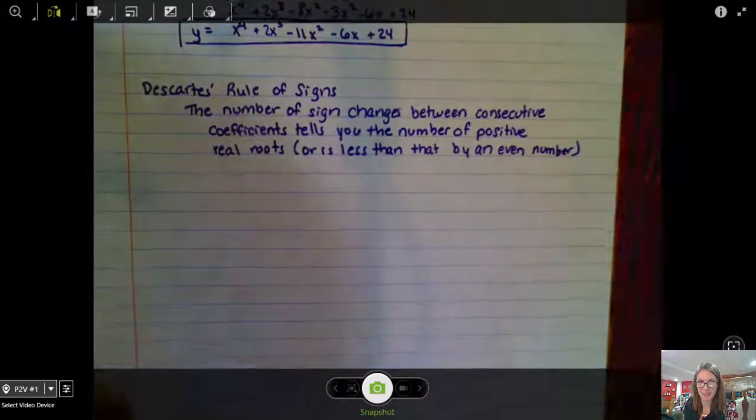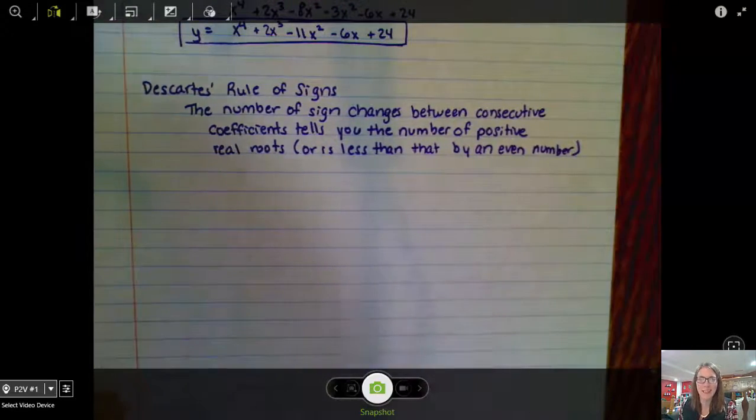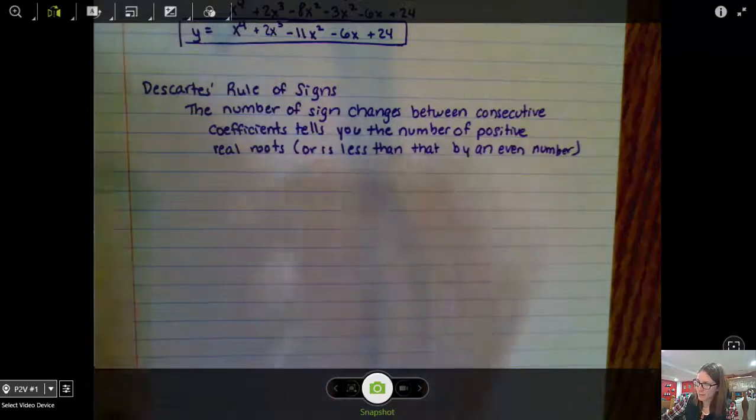Now this sounds kind of complicated, but once we actually practice an example, it's actually not too bad.